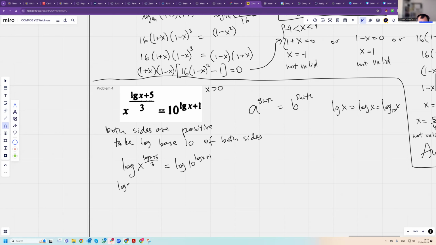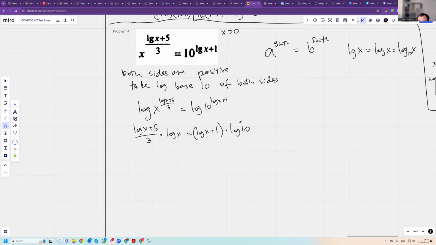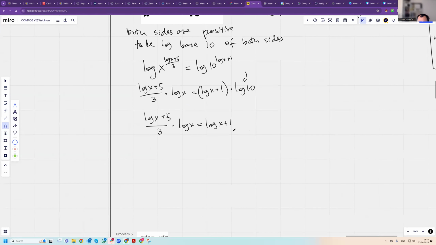It's going to be log x plus 5 over 3 multiplied by log x equals log x plus 1 multiplied by log 10. Well, we know that log 10 is 1. That makes life easier. So we have log x plus 5 over 3 multiplied by log x equals log x plus 1. Multiply the whole thing by 3.